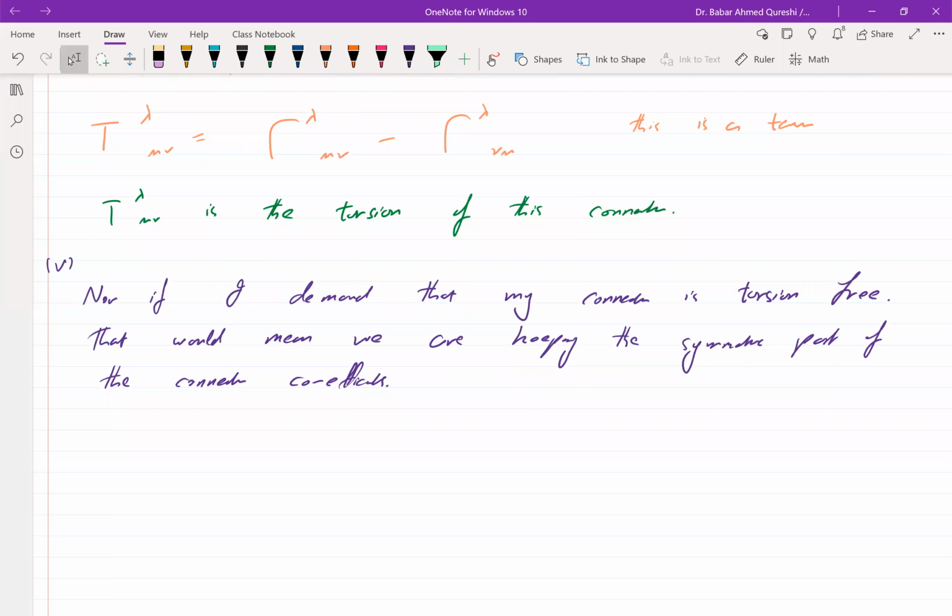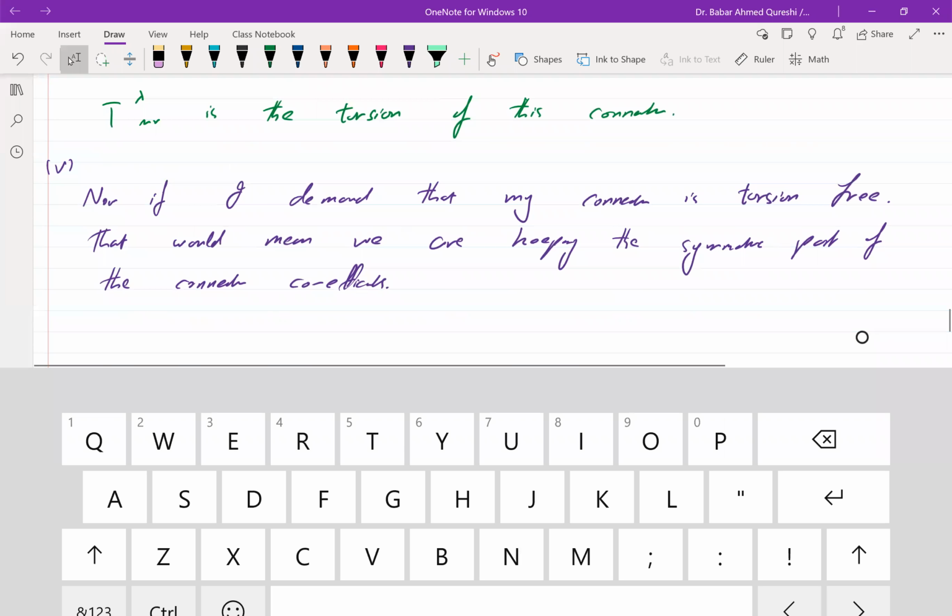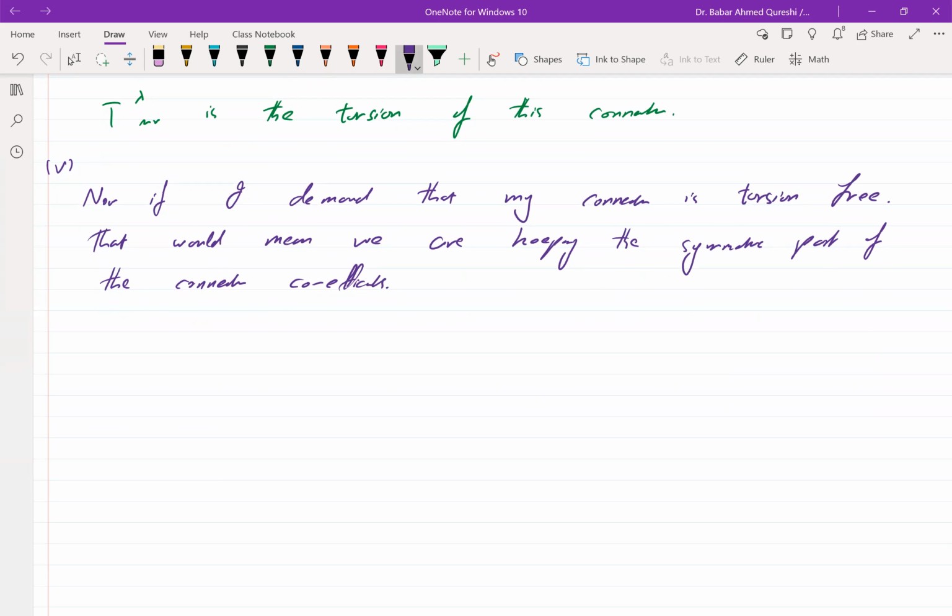So remember this thing. So for this to be torsion free, you want this to be 0. This means your connection should be symmetric.